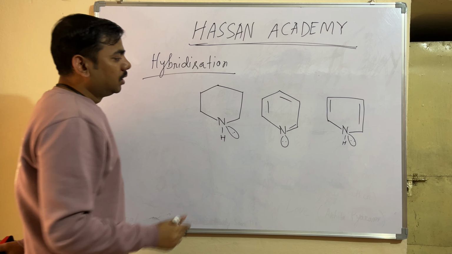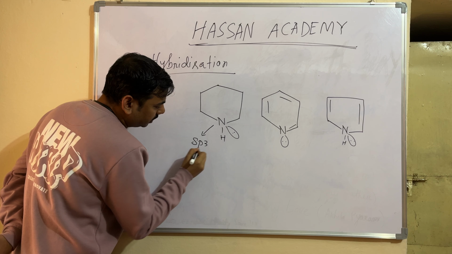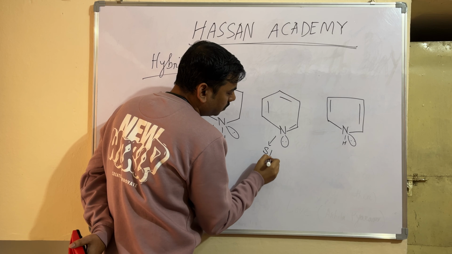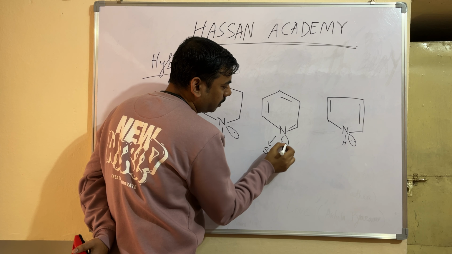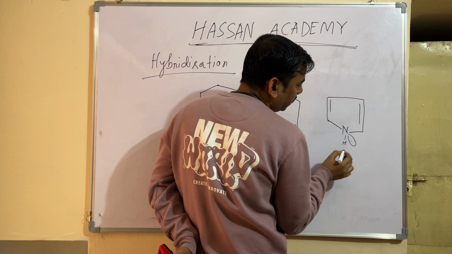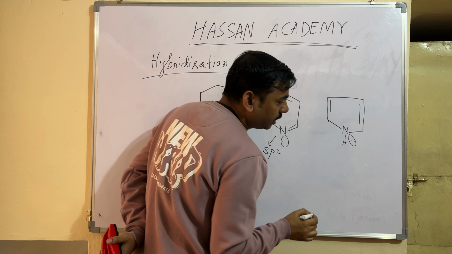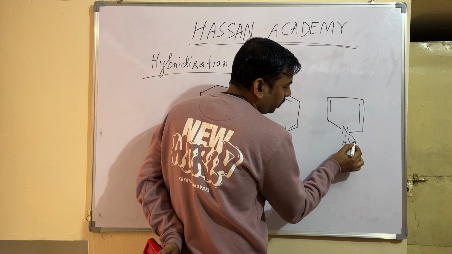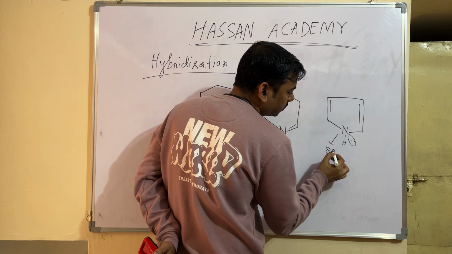Okay, pyrrole. Now you see this nitrogen is sp3. This nitrogen has 1, 2, 3 sigma bonds and 1 lone pair, and this pi bond you should not count, so it is sp2. Now here, if you see 3 sigma bonds and 1 lone pair, you may feel that it is sp3, but that is not correct, because this lone pair is in conjugation, so it is also sp2.